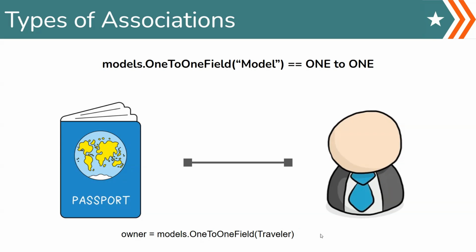There are some other optional arguments that it takes, and we will discuss those as we go through the class. But this is essentially how you assign a one-to-one relationship within Django. One passport to one person, and one person to one passport.